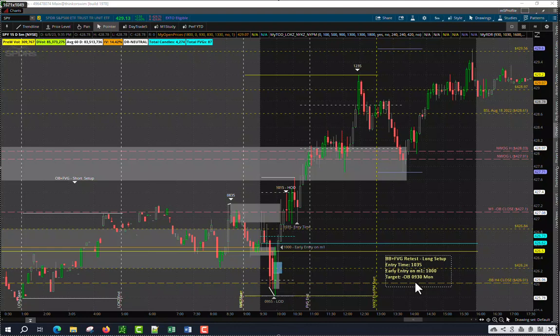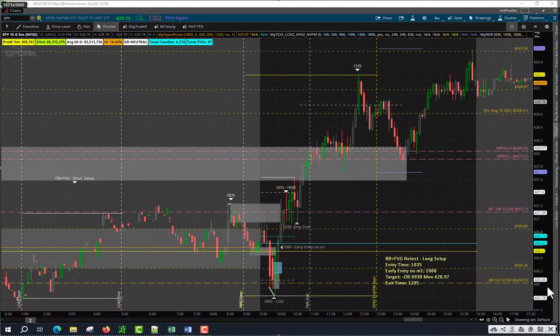In this case it will be precisely 428.97 right there, and the exit time in this case is 12:35.